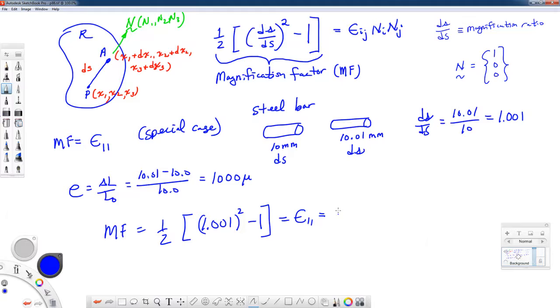And if we compute that, we would get 1,001 microstrain. So look at that. When we have small deformations, the idea that we've developed for the Green-St. Venant strain tensor, that component is pretty much the same as what we had for the engineering strain definition. A little bit of difference, but 1 microstrain out of 1,000, that's within the accuracy of most measurements.